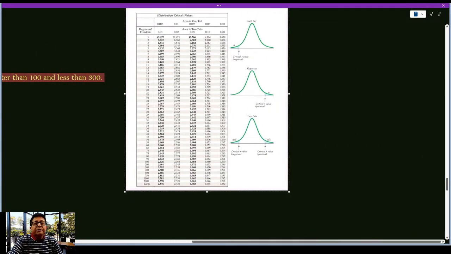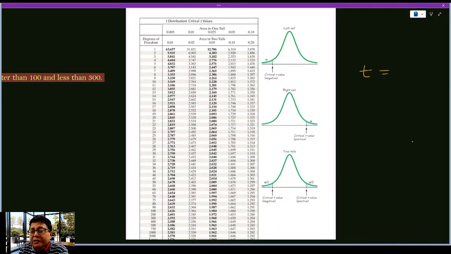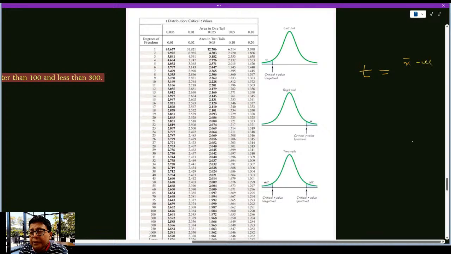What to do with this curve? This is called the t-distribution table. Now, when you are going to do statistical analysis, you need to get the value of t from that particular statistic. That t is given by x bar minus mu, divided by s by root n.